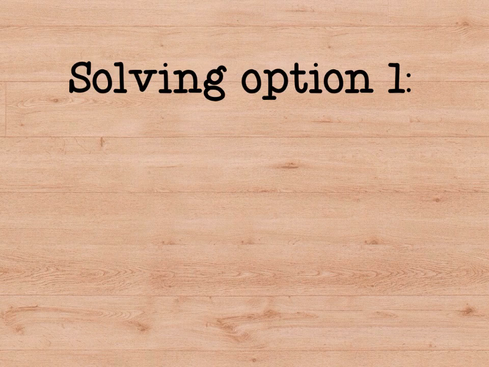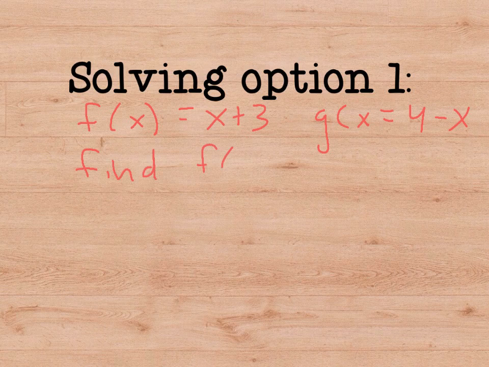First way to solve it is to solve them separately and then put them together. So if f of x is equal to x plus 3 and g of x equals 4 minus x, I want to find f of 4 plus g of 3.